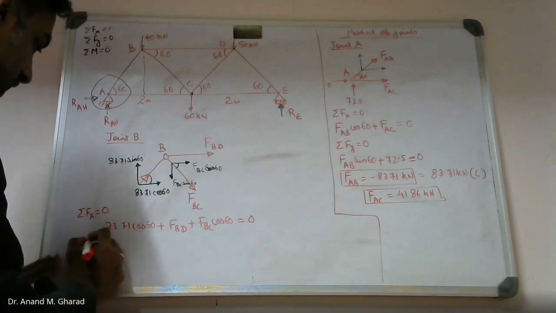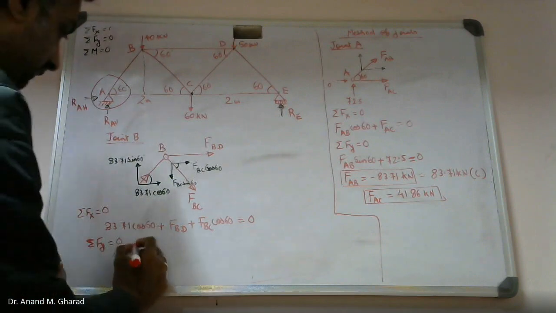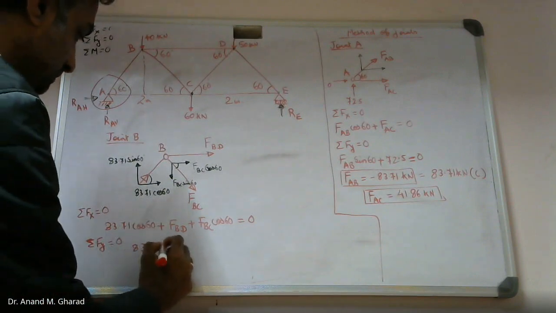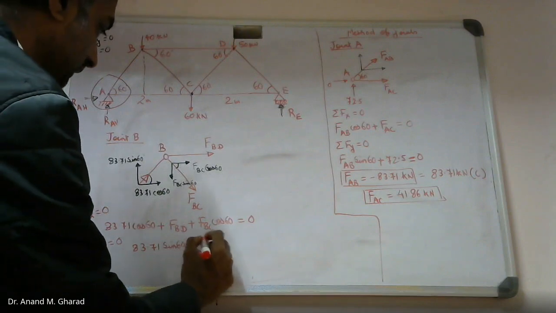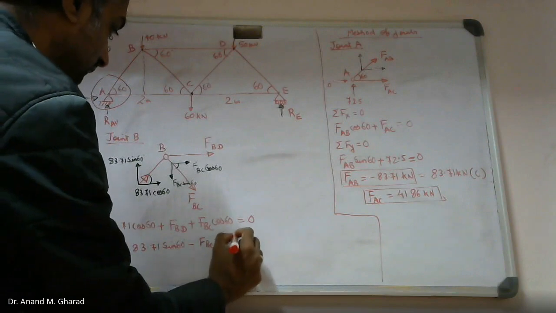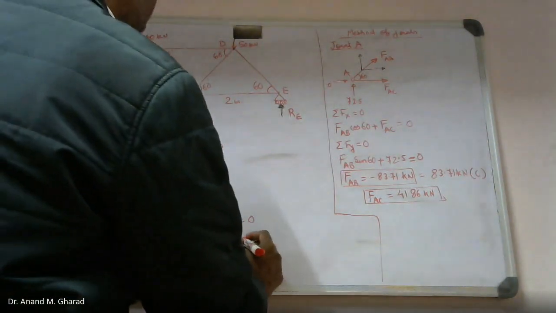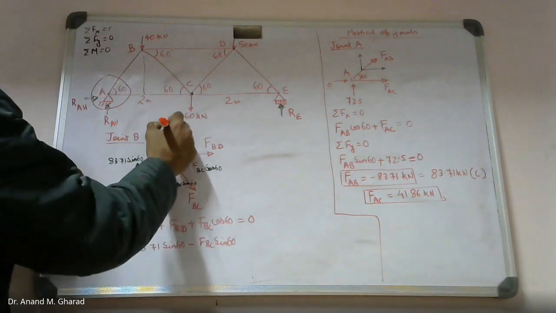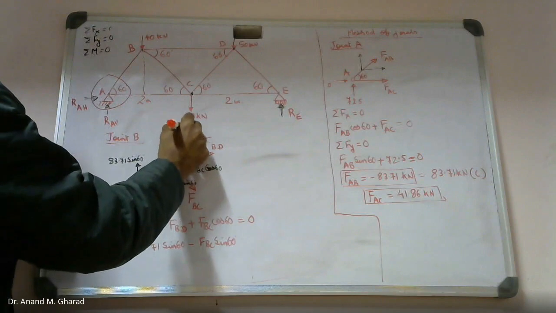Then summation of forces in y direction equal to 0: 83.71 sin 60 minus FBC sin 60, and nothing else. One minute, there is one more force. Yes, this is 40 kilonewton.